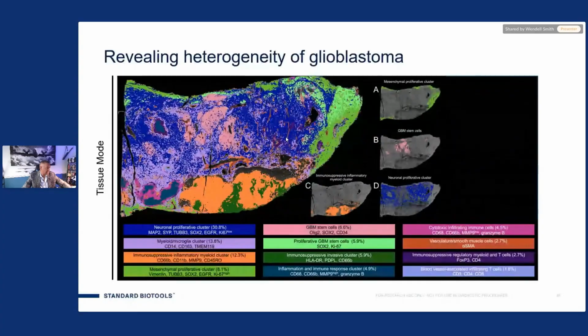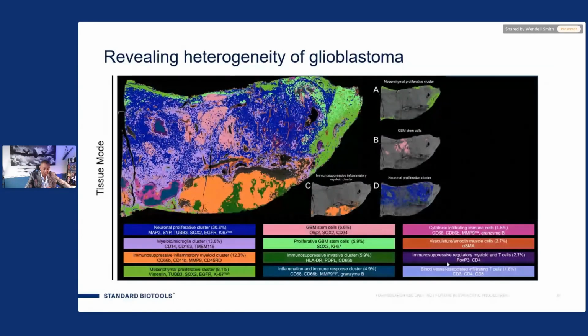And so as I spoke about that, here we can clearly see areas in this dark blue. This is our area of neural proliferative clusters. So about 30% of this glioblastoma falls into this proliferating state of Ki67 low while expressing SOX2, et cetera, et cetera. Relative to the myeloid, which is this lighter purple, which is about 13.8%. What if we want to look at FOXP3?